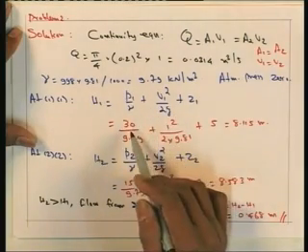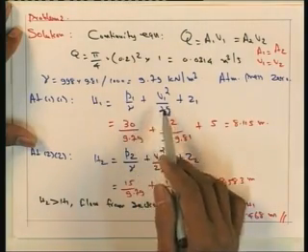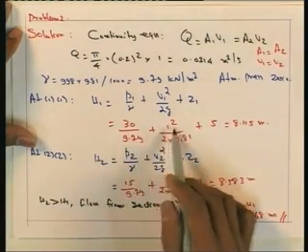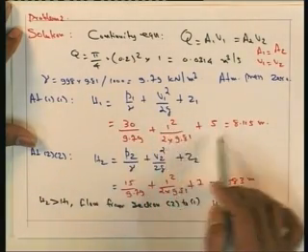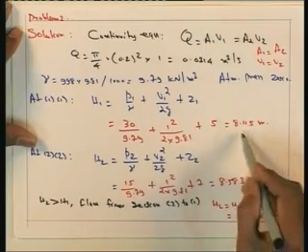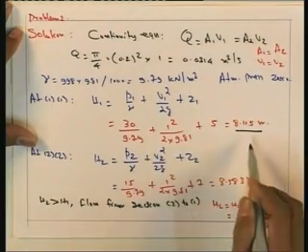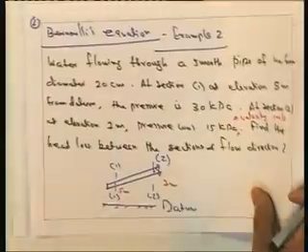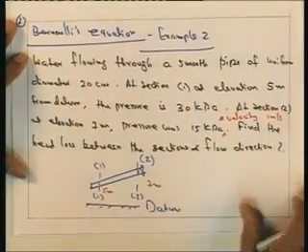So P1 by gamma plus V1 square by 2g plus Z1 becomes 30 by 9.79 plus 1 square by 2 into 9.81 plus 5. That is obtained as 8.115 meter. And then in a similar way, we consider section 2.